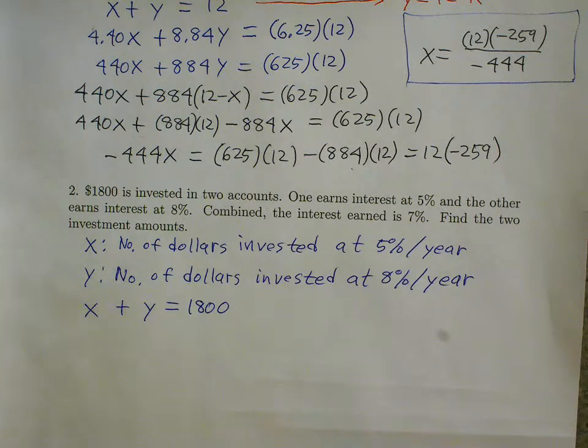Okay, let's just do a related problem. If you have $100 that you invest, and if it earns interest at 5% per year, then after 1 year, how much interest will you have earned?